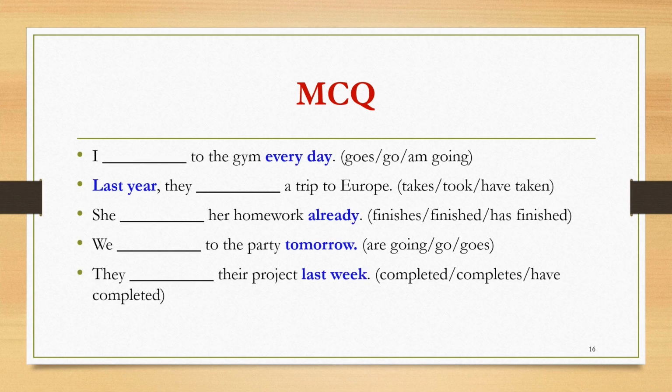In the first sentence, we have: I blank to the gym every day. We have the words every day. It expresses repetition, and with repetition we use the simple present: every day, always. So the answer is: I go to the gym every day.